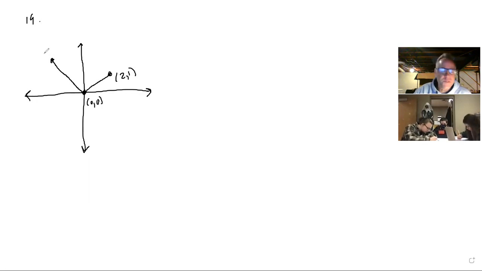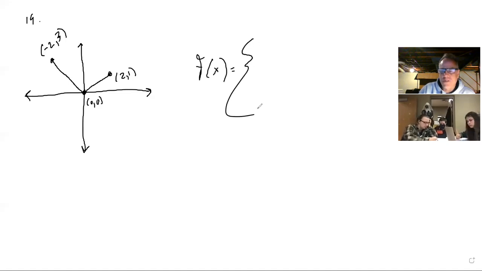And that point is named -2, 3. Okay, so we're going to say, okay, f of x is, we're going to come up with what this piecewise function is going to be defined as.